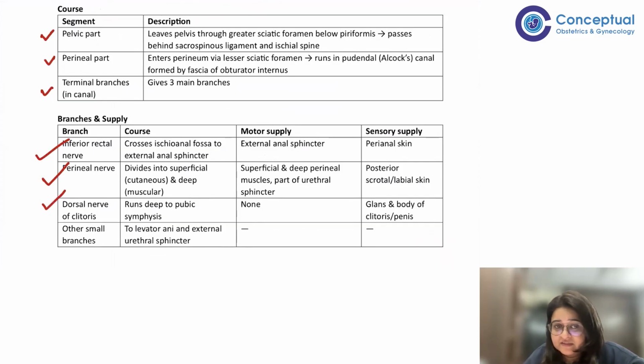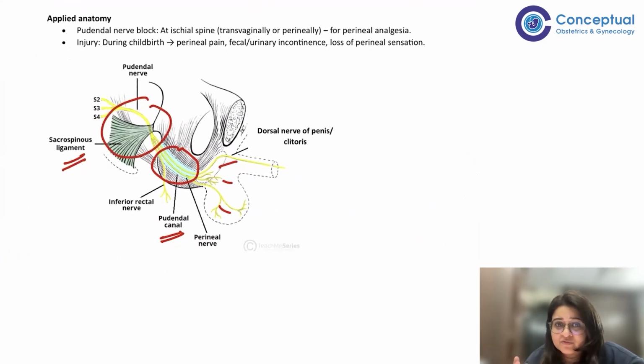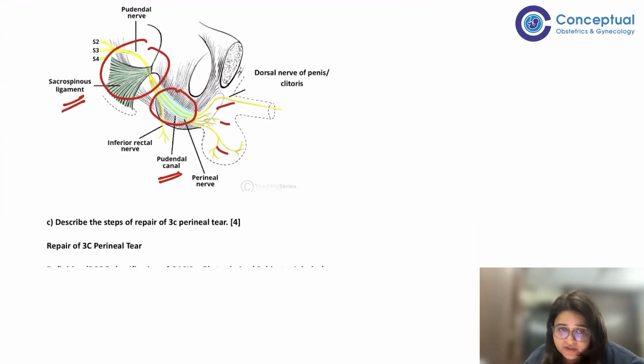What is the importance of the pudendal nerve? When you're doing an instrumental delivery, forceps or vacuum, very commonly we give a pudendal nerve block. This is at the level of the ischial spine. So this is where you give the pudendal block, right?